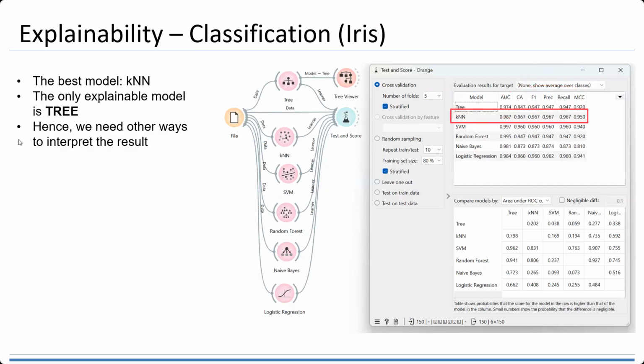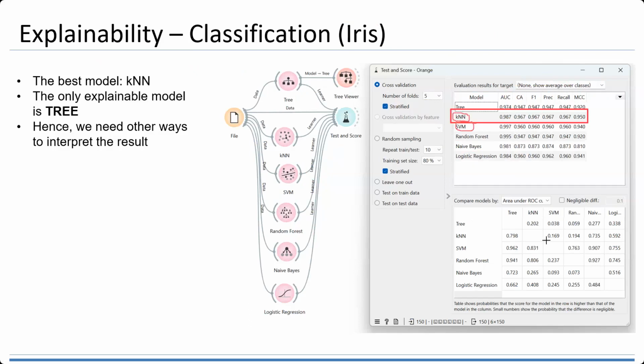But sometimes there might be other considerations. For example, KNN is very simple, so we can explain it very well. SVM considers something more complex.